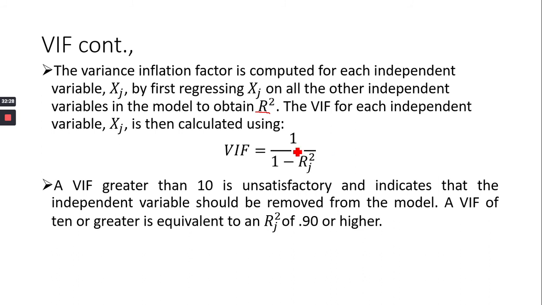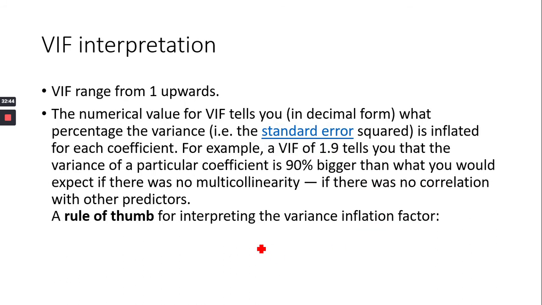This is very, very important. We are saying a VIF greater than 10 is unsatisfactory and indicates that the independent variable should be removed from the model. A VIF of 10 or greater is equivalent to an r squared j of 90 percent or higher. So what is the interpretation? VIF ranges from 1 upwards.